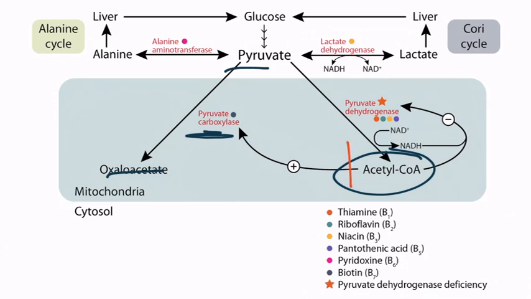Because acetyl-CoA levels are low, pyruvate carboxylase is downregulated, and therefore gluconeogenesis is also downregulated, which results in hypoglycemia. So in answer to our question, gluconeogenesis is likely impaired due to decreased activity of pyruvate carboxylase.